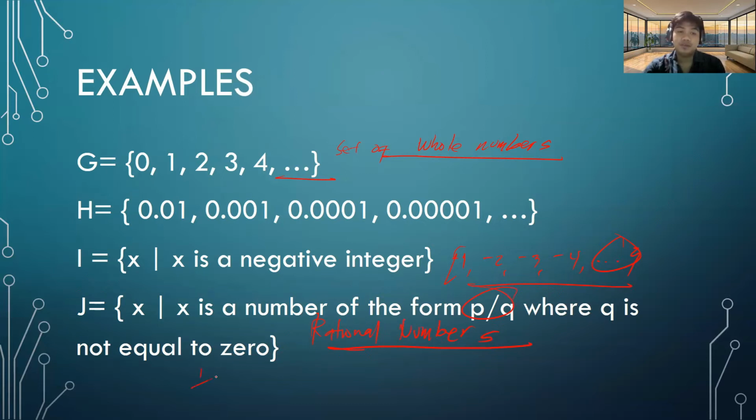So it can be 1 over 2, 1 over 3, 1 over 4, 1 over 5, and so on. It can be 2 over 1, 2 over 2, 2 over 3, 2 over 4, and so on. So there are many. Basically, this is an infinite set.